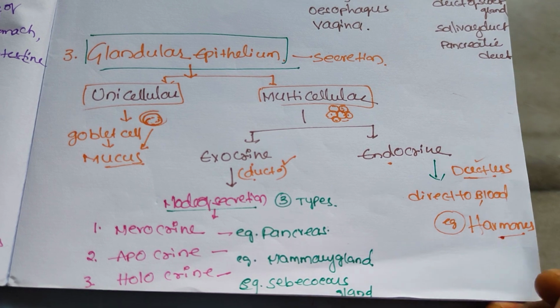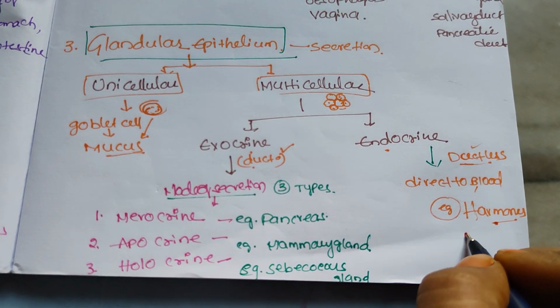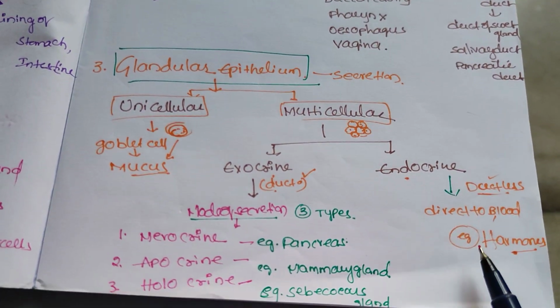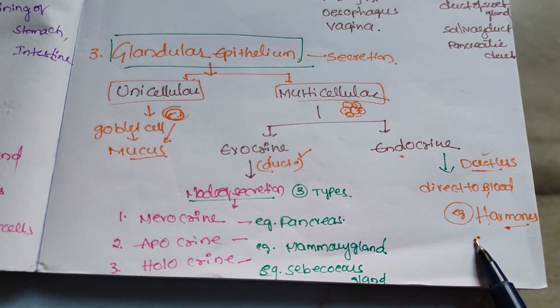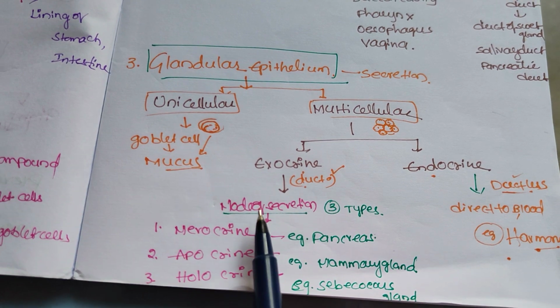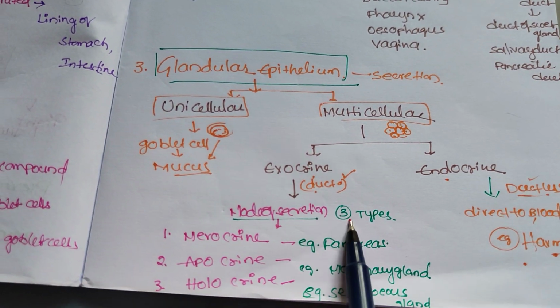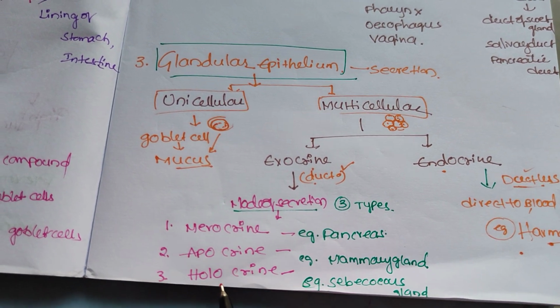Example, hormones, for example pancreatic gland, pituitary gland. Next, on the basis of mode of secretion, exocrine glands are divided into three types: merocrine, apocrine, holocrine.